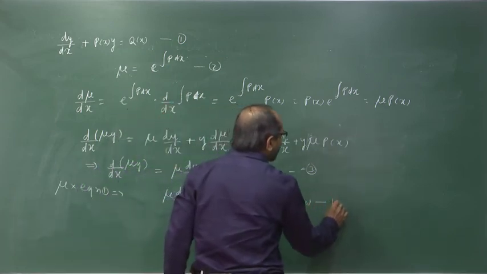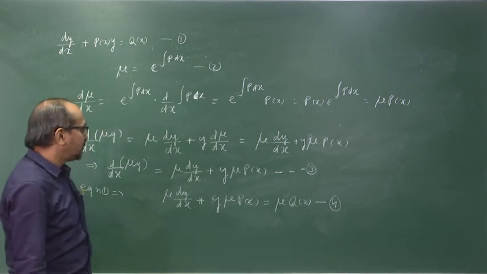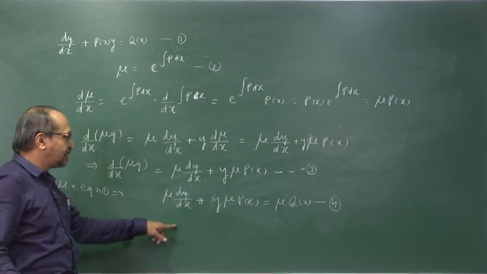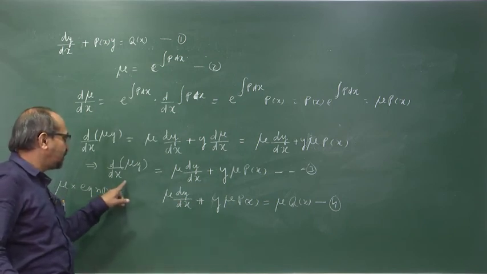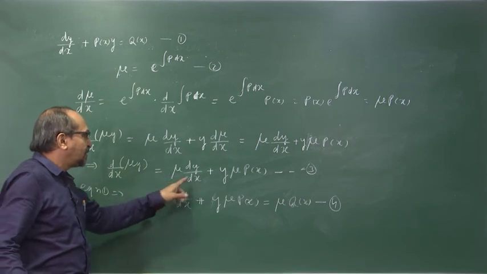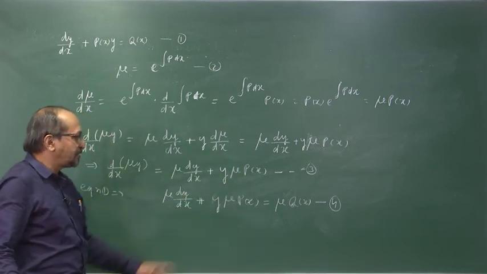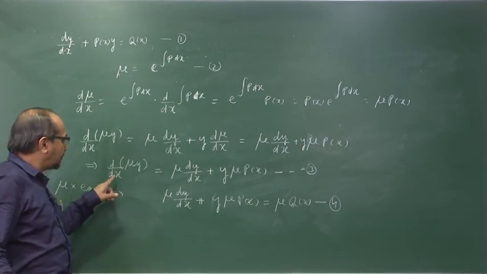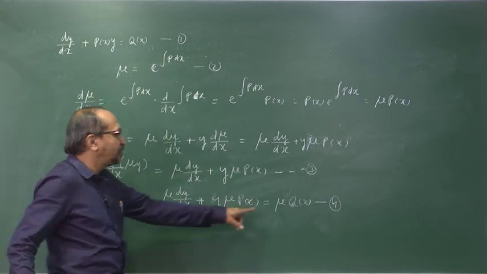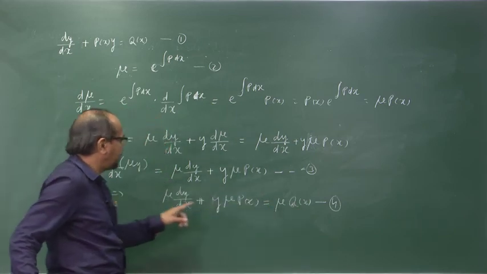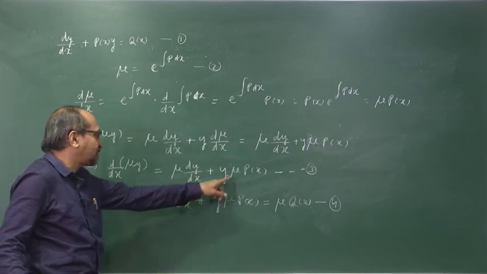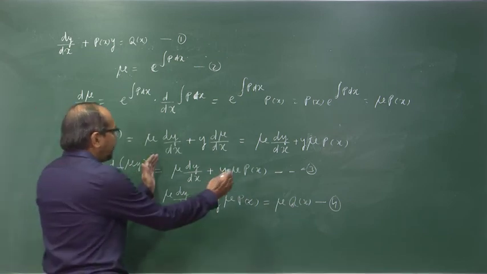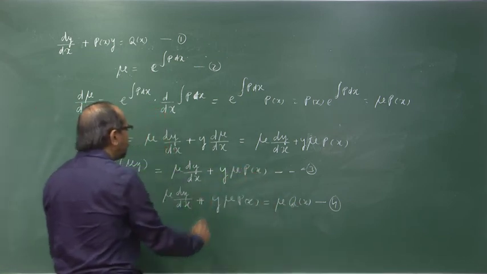This is equation 4. So you can see from equation 3 and equation 4, the RHS of equation 3 is nothing but the LHS of equation 4. Therefore, we are arriving at d/dx of μy is equal to μq(x), because μ dy/dx plus yμp(x) is equal to μq(x). So for this value we will substitute from equation 4, μq(x).